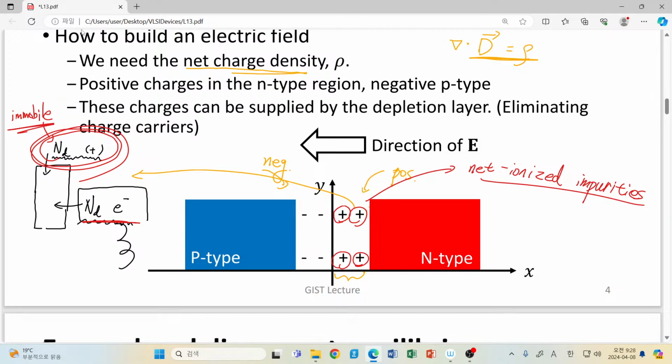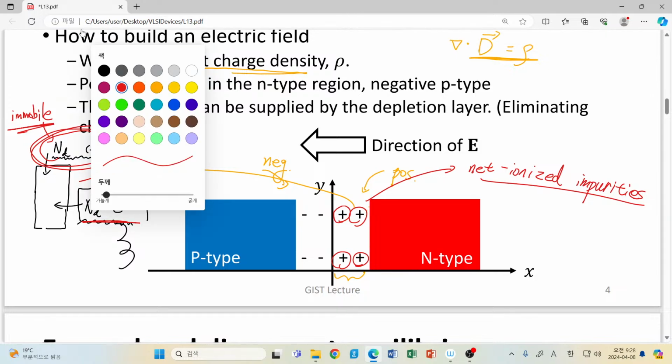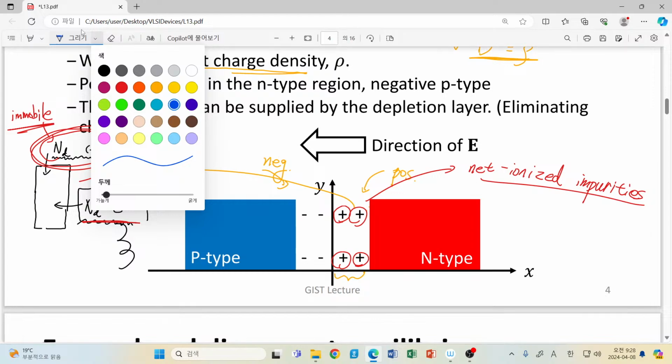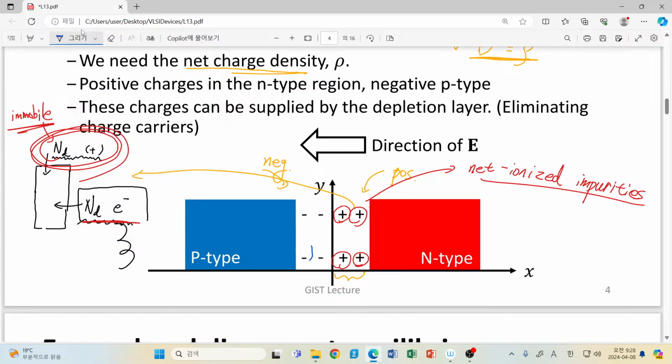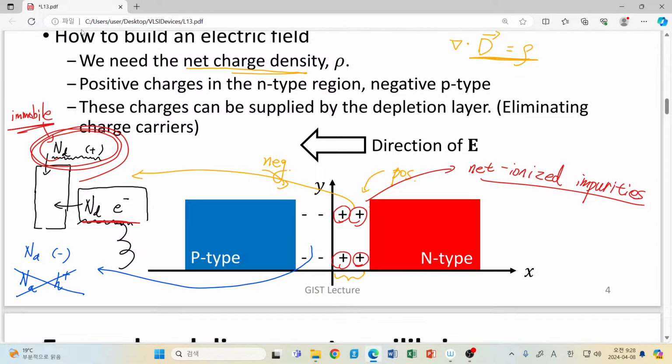Also, the same discussion can be applied to this p-type region. Here, originally in a p-type region, we have Na density of negatively charged impurities, and also Na density of positively charged holes, but these holes are removed from the near junction part. Then now we can see just Na density of negatively charged impurities.